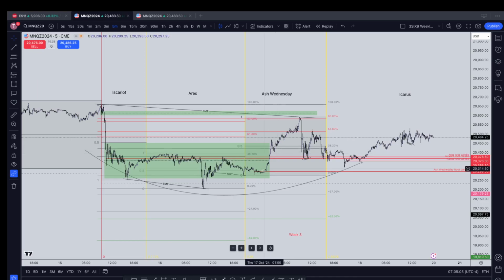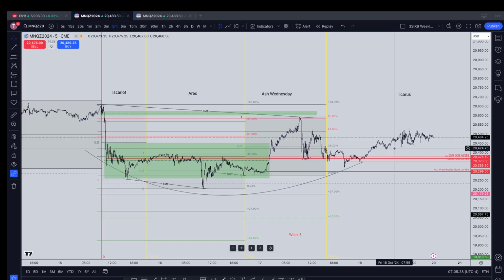Again, on Ash Wednesday, price did break above the Aries zone right here, and just wanted to stay there. And then I see a big indication to be careful if I want to trade: this bearish price leg imbalance move that happened on Iscariot, and price wanted to rebalance that through the week, and that's just how the week ended.